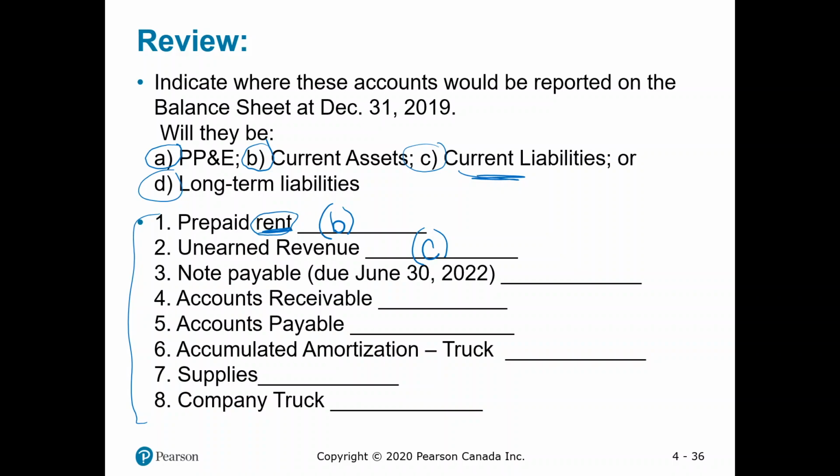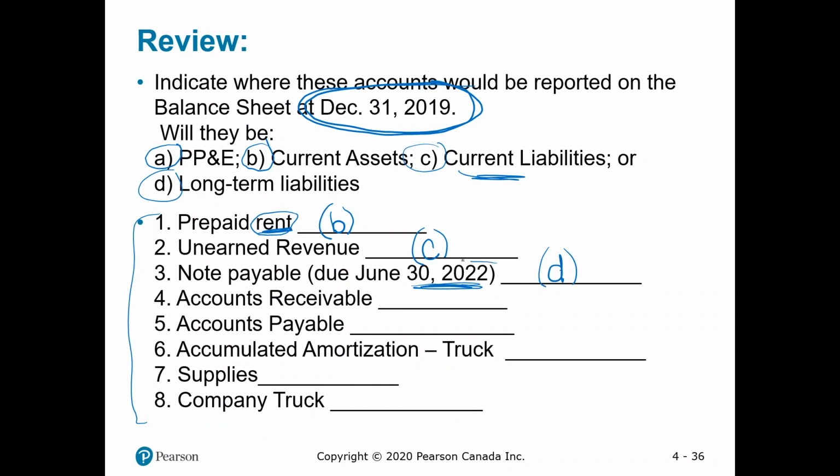Okay, so a note payable that is due June 30th, 2022. And we said that right now we're at the balance sheet date of December 31st, 2019. So June 30th, 2022 is more than a year in the future. So therefore, this is D, a long-term liability.